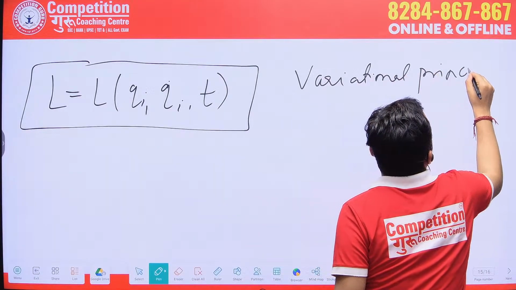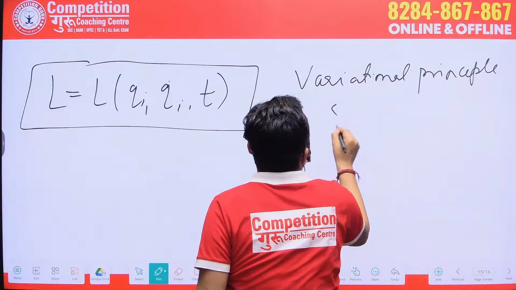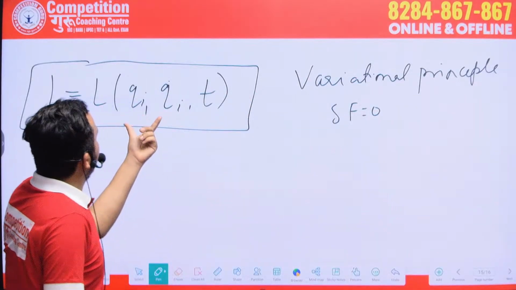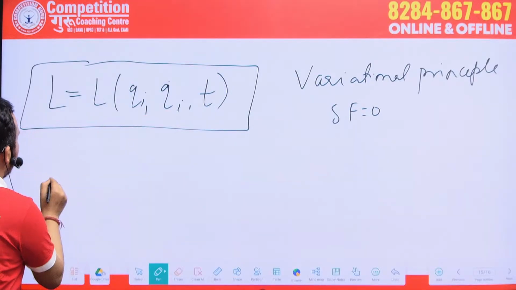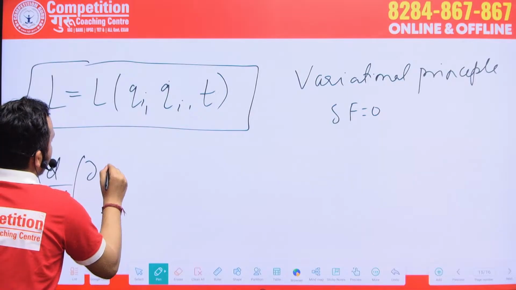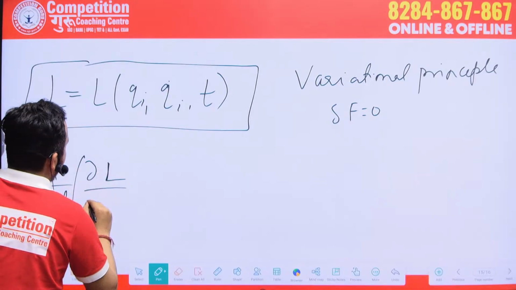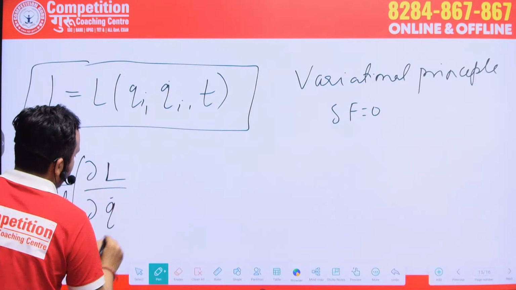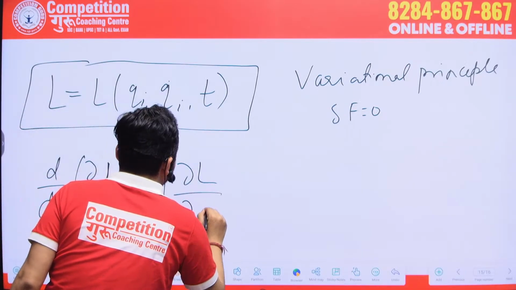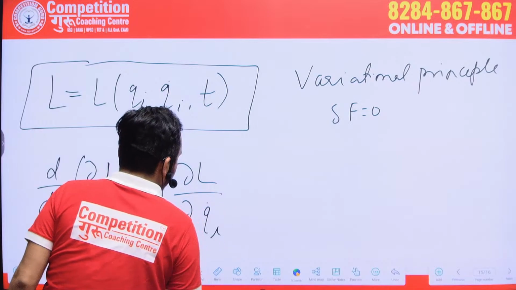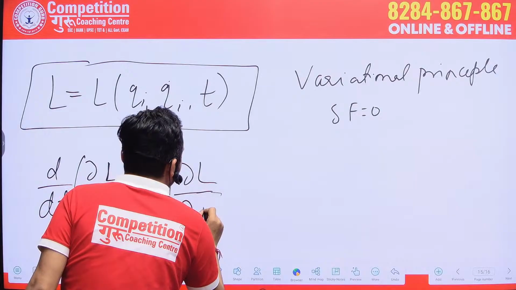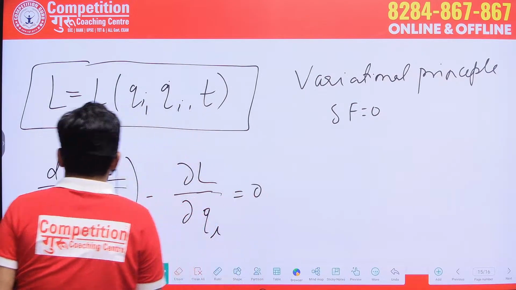We take the variation of that function, delta f equal to 0. When we use this variation method, we get the equation of motion: d/dt of delta L by delta q i dot, minus delta L by delta qi, which is equal to 0.